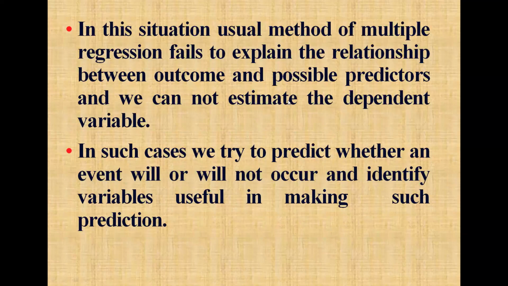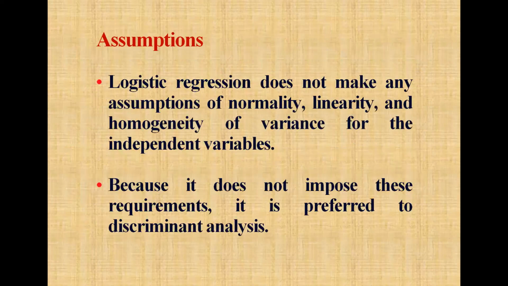In this situation, the usual method of multiple regression fails to explain the relationship between outcomes and possible predictors, and we cannot estimate the dependent variable. So it is very essential to know another kind of regression. In such cases, we try to predict whether an event will or will not occur and identify variables useful for making such prediction.